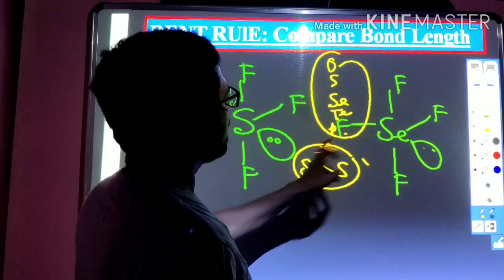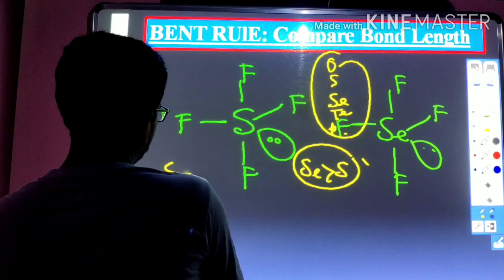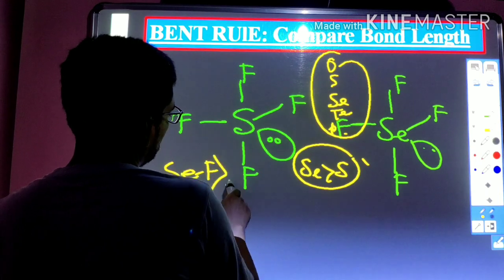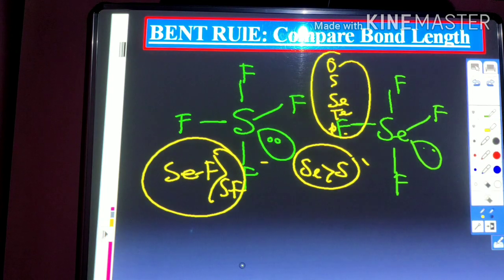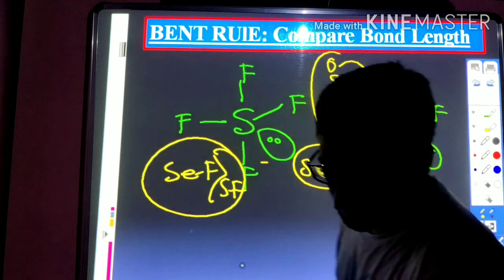So the Se-F bond will be longer than the S-F bond. No problem.